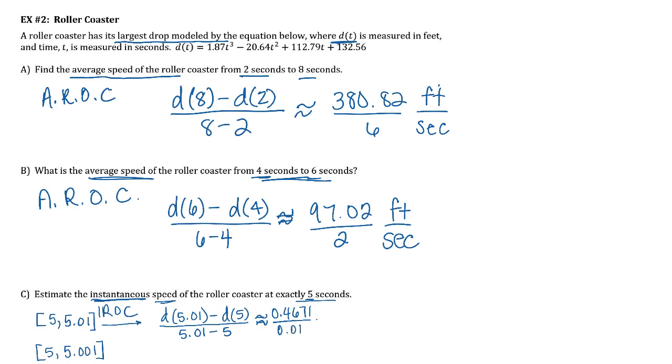Now we're going to have to really work this one out because we're trying to estimate. We're trying to see what does this look like it might be approaching. And so we've got 46.714. And what would our units be? Feet per second, isn't it? I forgot what our units were.